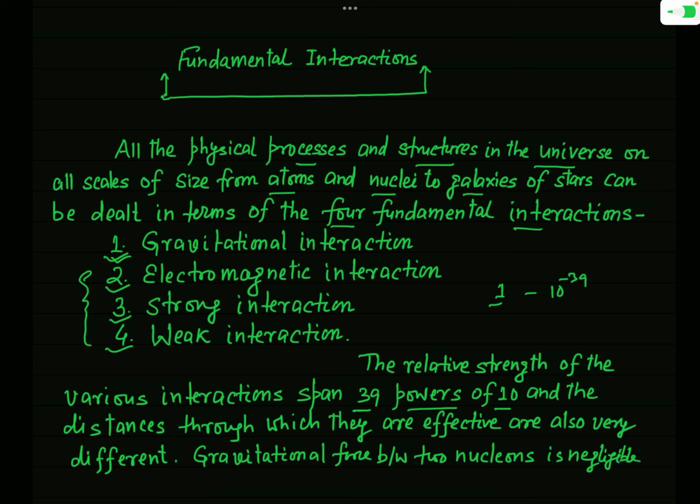Similarly, you can compare the electromagnetic and weak interactions. So in this way, we simply say that the relative strengths of the various interactions span 39 powers of 10.